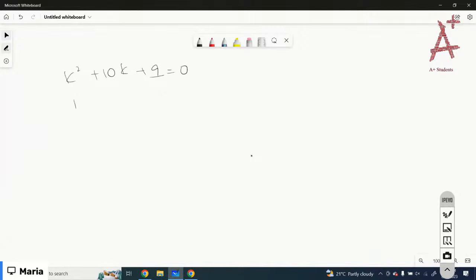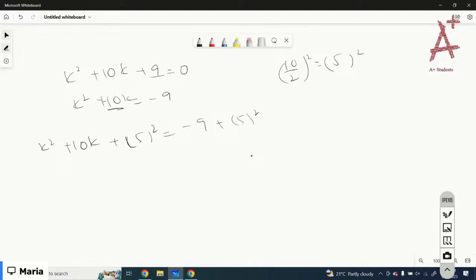Just move 9 to the other side. It would be k square plus 10k equals negative 9. Got it? So this would be b. 10 over 2 square. 10 over 2 is 5. Basically, you have to add 5 square both sides. It would be k square plus 10k plus 5 square equals negative 9 plus 5 square. This is the square of k plus 5. And 25 minus 9 is 16.